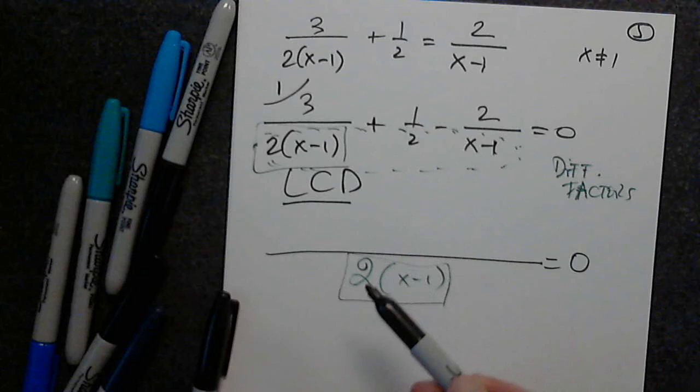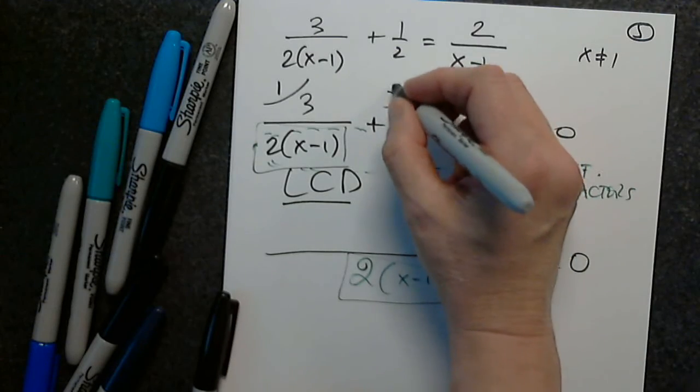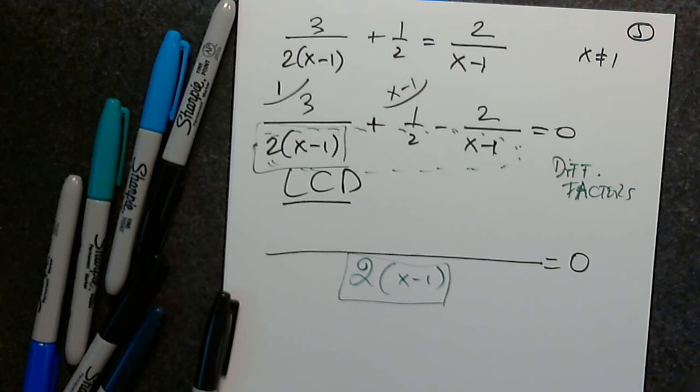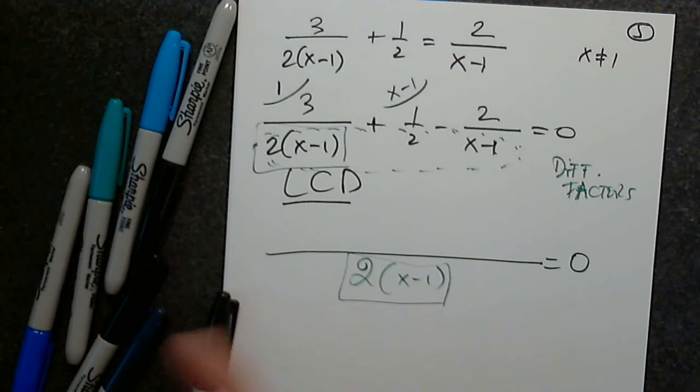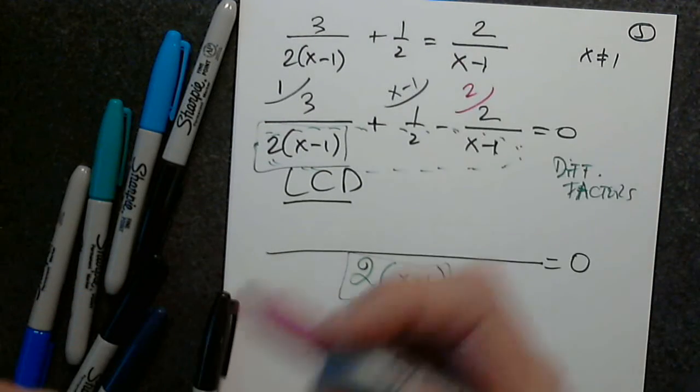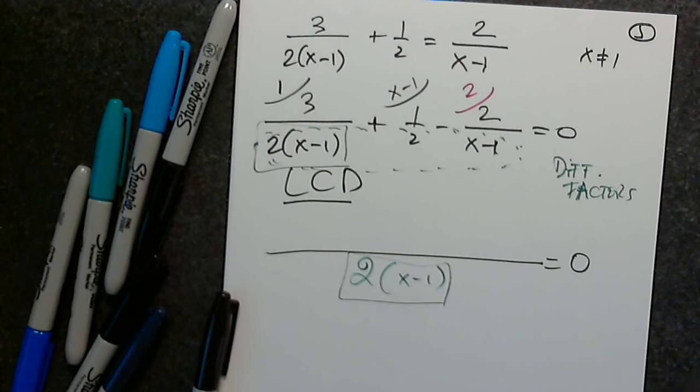2 was multiplied by what to get this? Which means that I have to perform the same operation. That is not a fraction line. This is only a reminder saying you multiply the denominator by x minus 1, you have to multiply the numerator by x minus 1. Now, x minus 1 was multiplied by? It means that the numerator has to be multiplied by the same quantity.